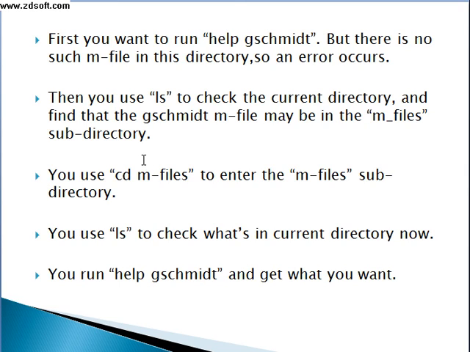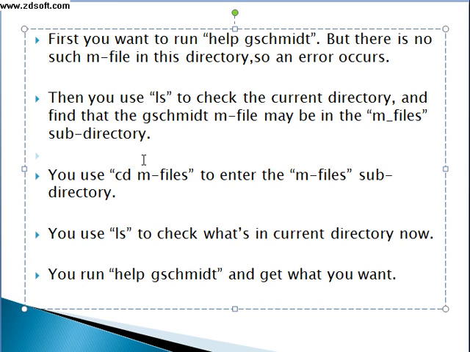So for this you have to use the cd M files command. See here the third point, cd M files command to enter the M file subdirectory. After that use ls to check what's in the current directory now, that is in the M files directory. Then you can run your gsc file and get whatever you want.